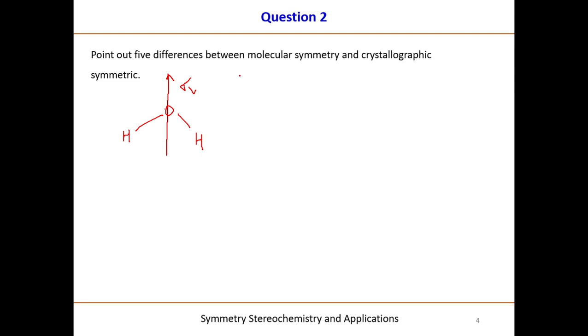In molecular symmetry, the plane of symmetry is denoted with sigma. Suppose this is a vertical plane, so it will be denoted by sigma v. Sigma h and sigma v are different conditions, horizontal and vertical planes.